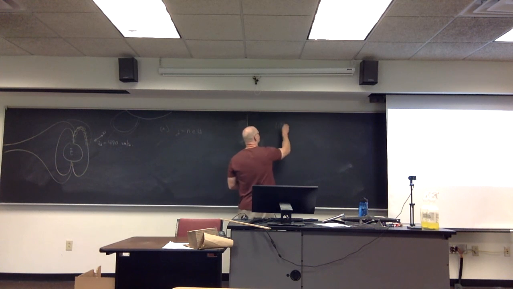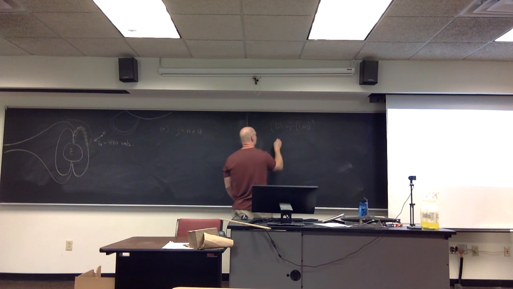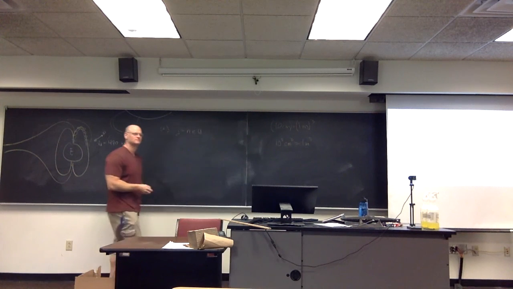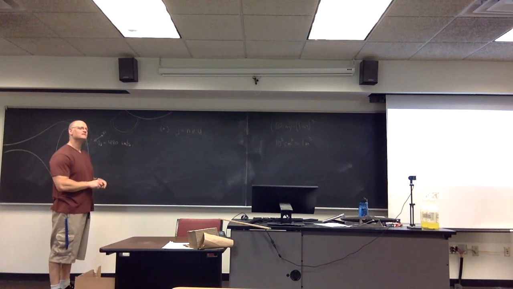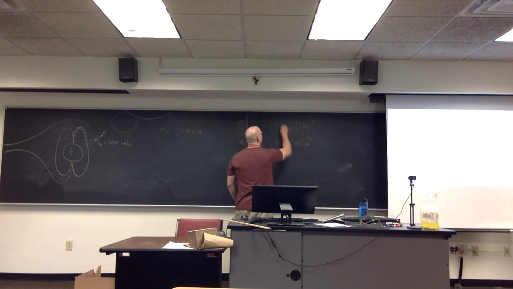Okay. So we know there are 100 centimeters in 1 meter, which means if I cube both sides, then I have 10 to the third centimeters cubed is equal to 1 meter cubed. I'm sorry? Oh yeah, there's 100, not 10. One of those days.